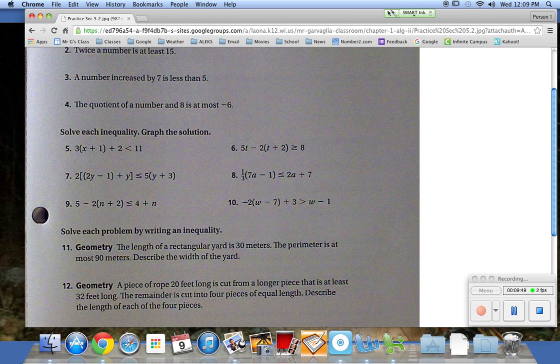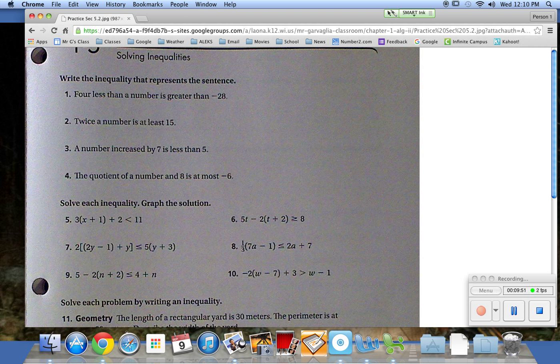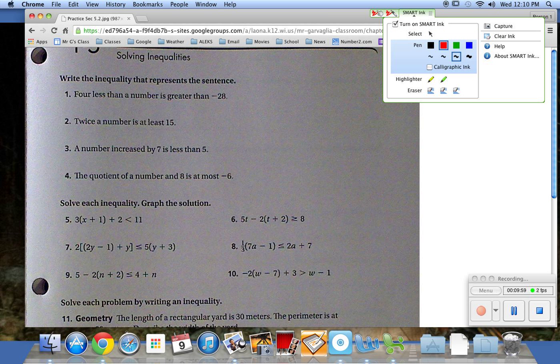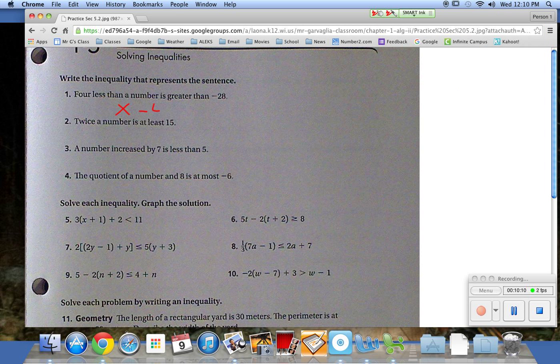Same kind of stuff. 4 less than a number is greater than negative 28. Let's go around. Ty. 4 less than a number is greater than negative 28. X minus 4.